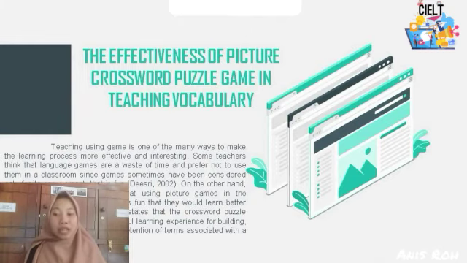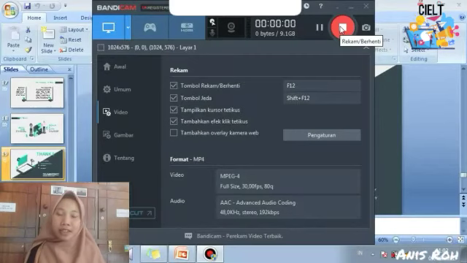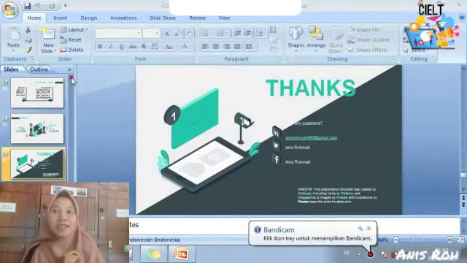Some teachers think that language games are a waste of time and prefer not to use them in the classroom, since games have sometimes been considered only for their one element, fun. On the other hand, in puzzle activities we arrange some words, some sentences, and I think this may improve our vocabulary.